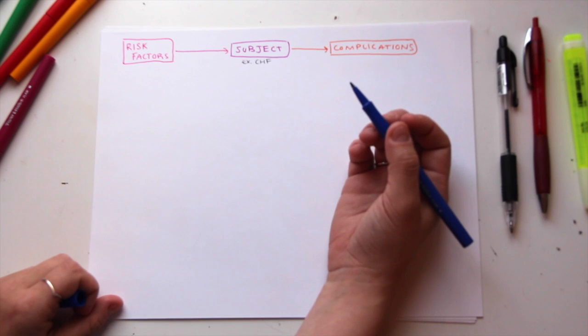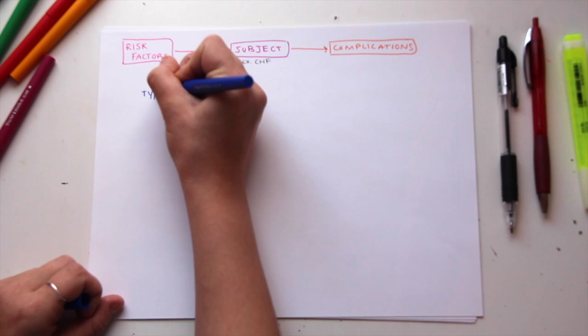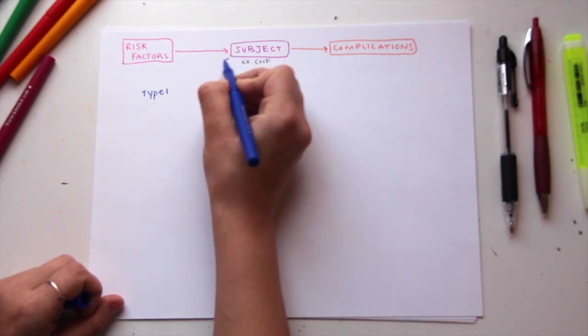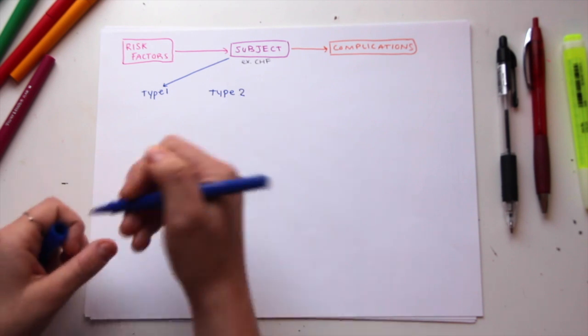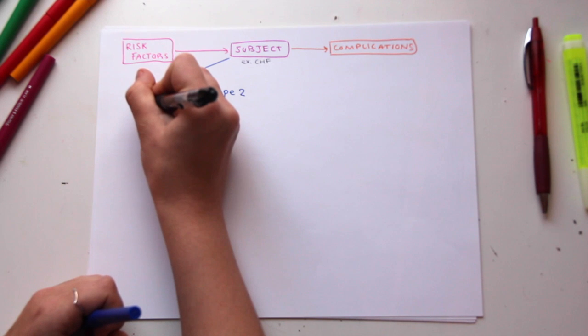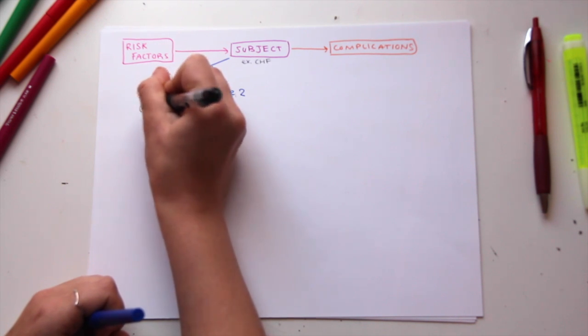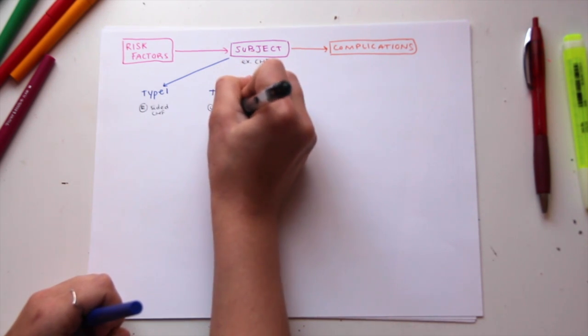Here for CHF, we have right-sided and left-sided. So I'm going to go type 1, and type 2. I'm just going to write here right-sided CHF and left-sided CHF.